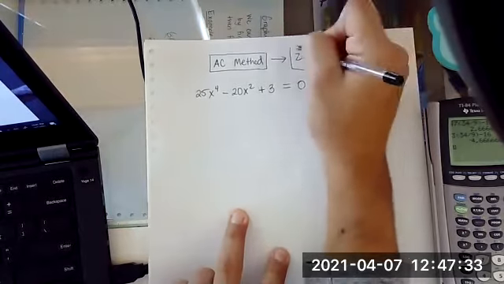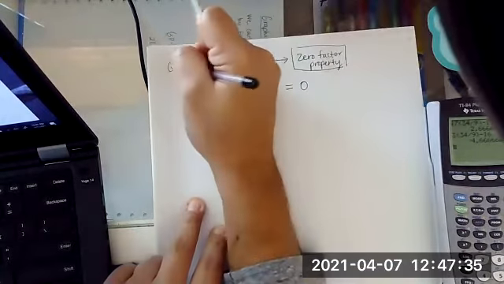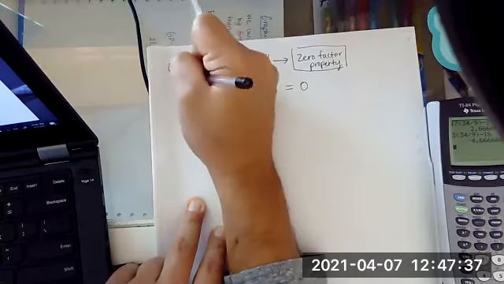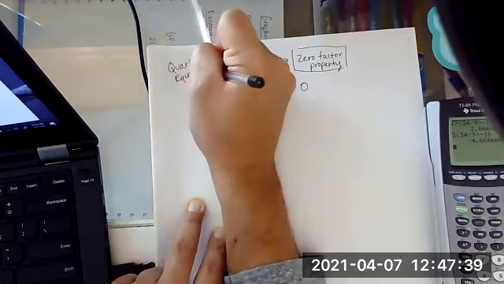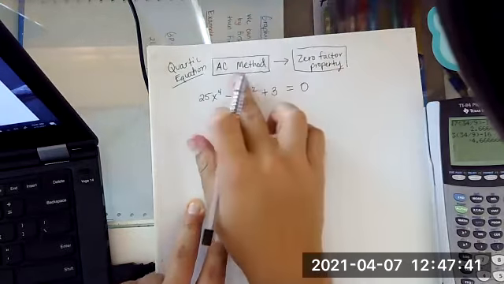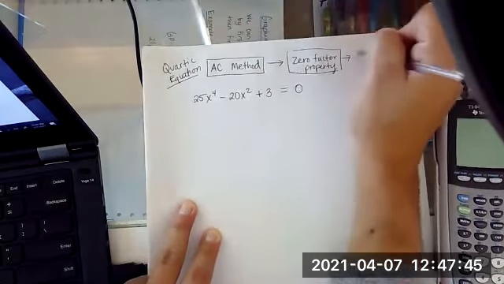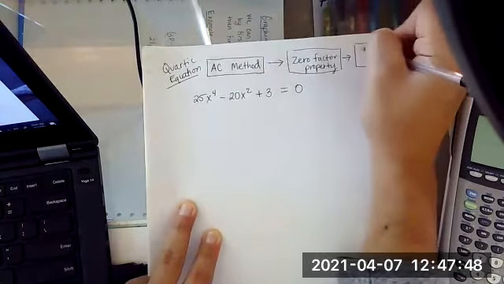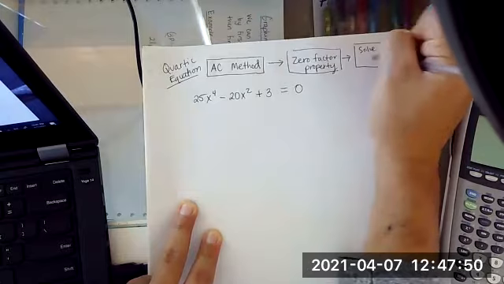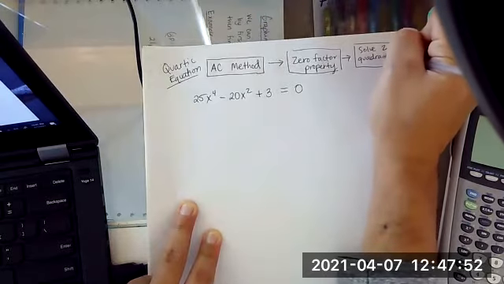So this is my workflow for quartic equations. When you work this on the test, I expect to see you apply the AC method, then apply the 0 factor property, and then you're going to solve 2 quadratic equations.